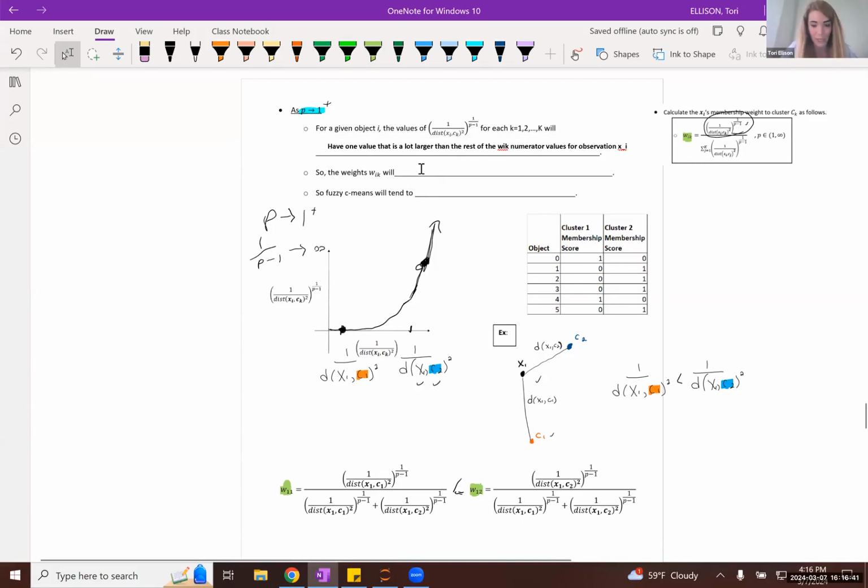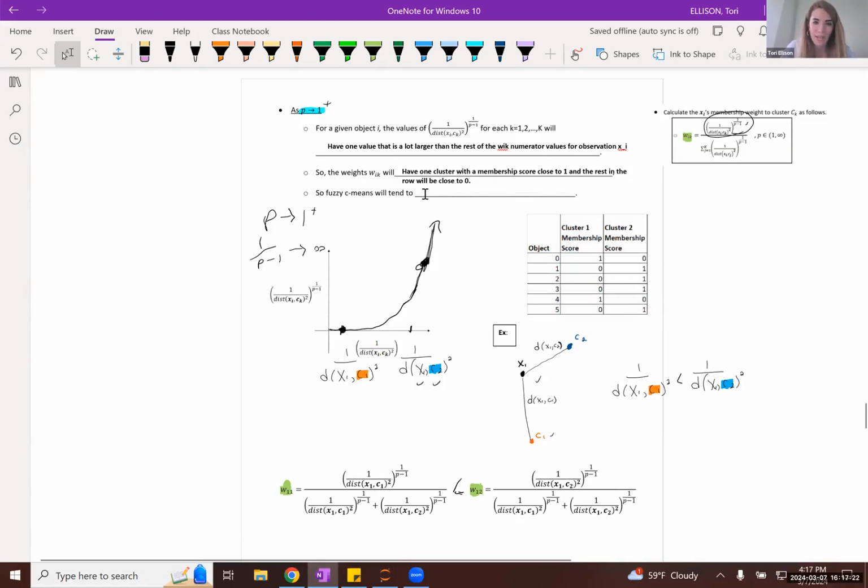And because when we normalize we are forcing our rho to add up to 1, what that will mean is that the weights for a given observation i will have one cluster with a membership score close to 1, and the rest in the row will be close to 0. Okay, so your fuzzy clustering membership matrix will look something like this.